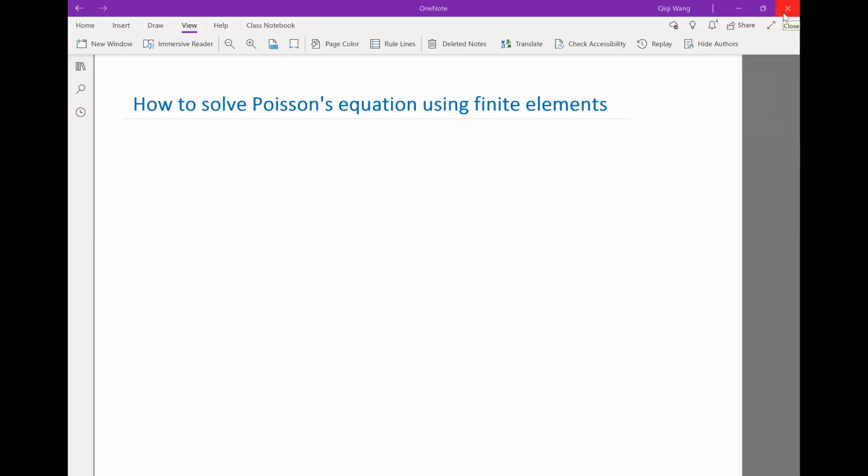So in the last lecture, we introduced the finite element method as a way to solve optimization problems, right? The kind of problems that can be formulated as minimizing a particular scalar objective function over the space of functions.